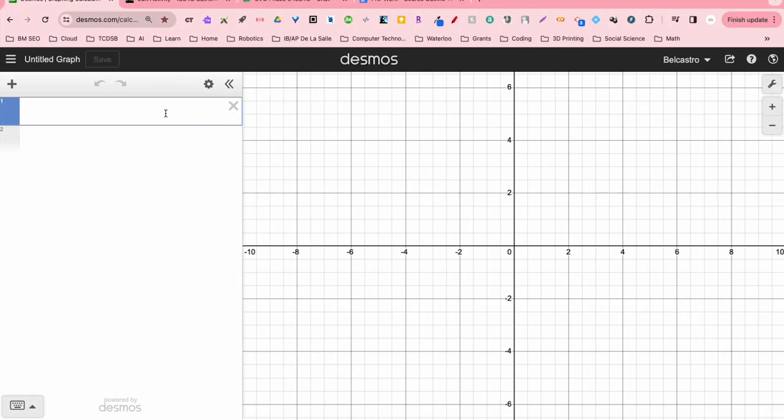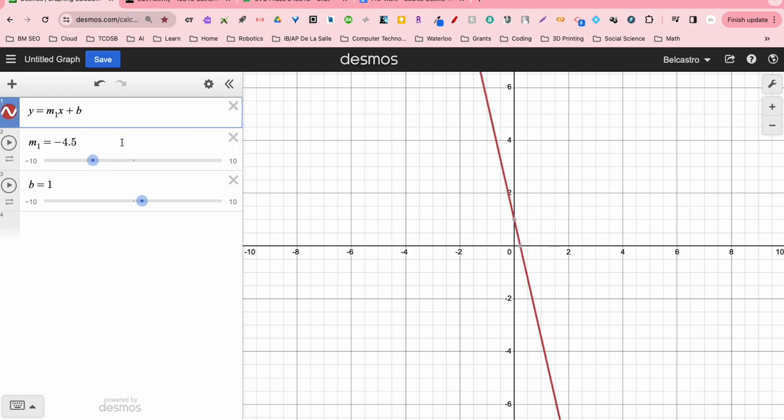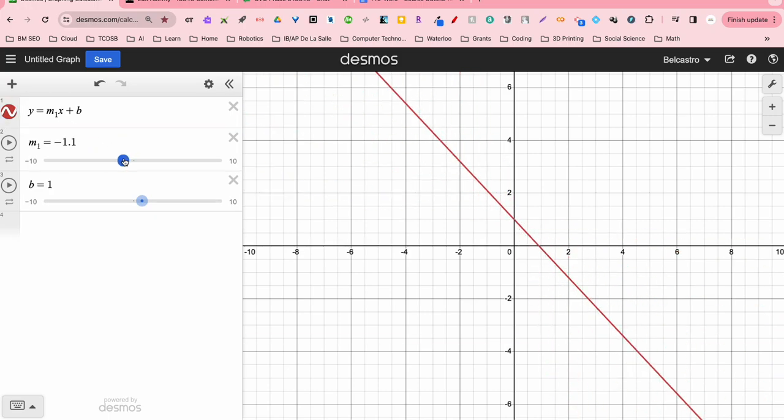So we have y equals m1x plus b. It asked me for some sliders, so it gave me this. I forgot to put an x. There we go. We have 1, and then I have another one: y equals m2x plus b.